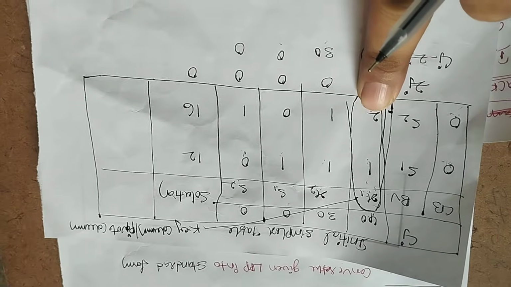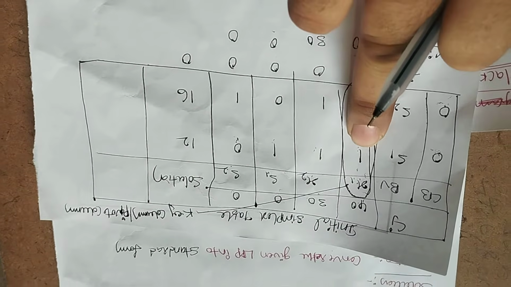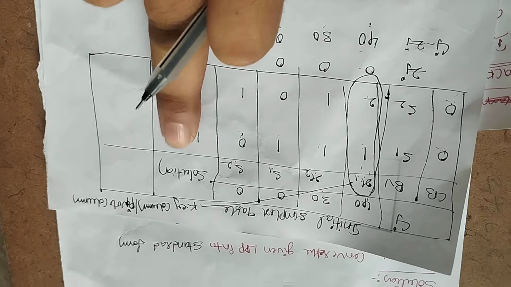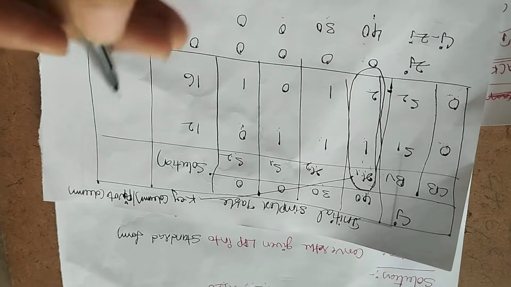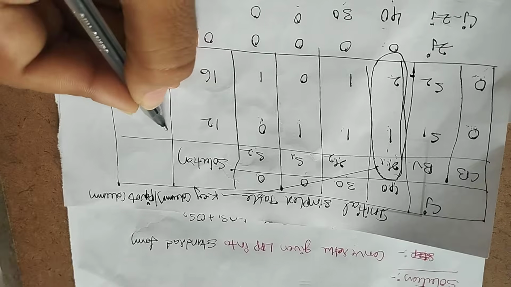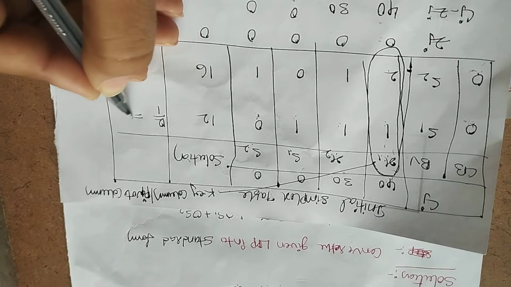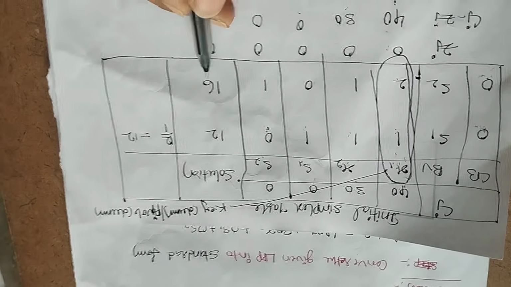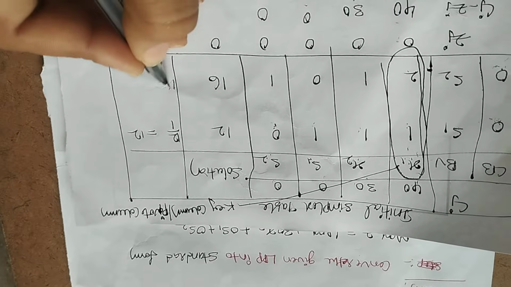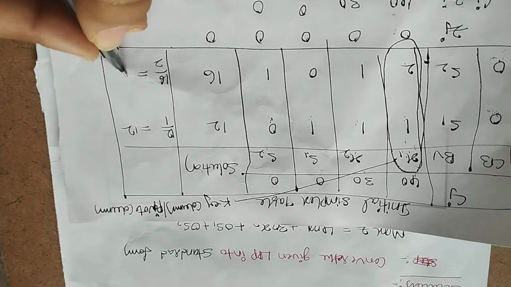After finding the key column, we need to divide the solution column by the key column. That means 12 divided by 1 is equal to 12. 16 divided by 2, what do we get? 8.